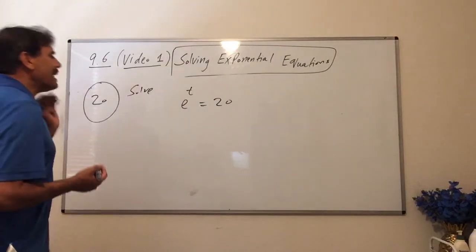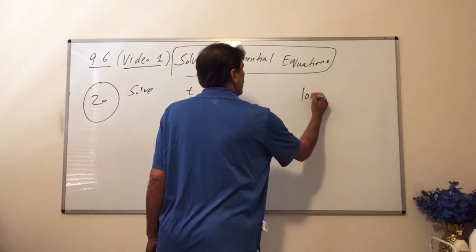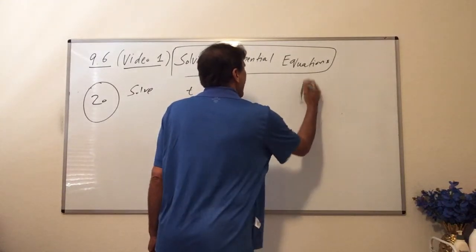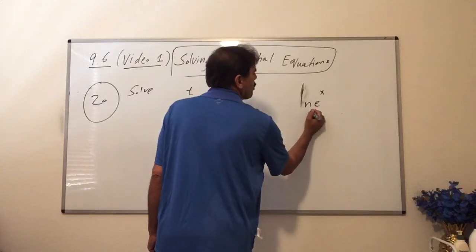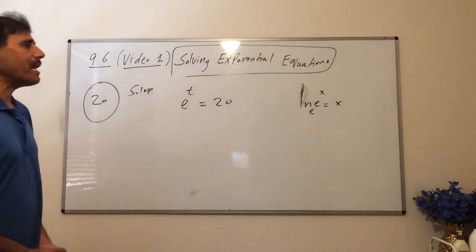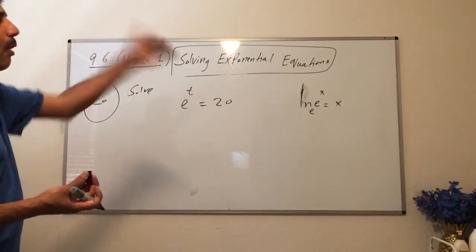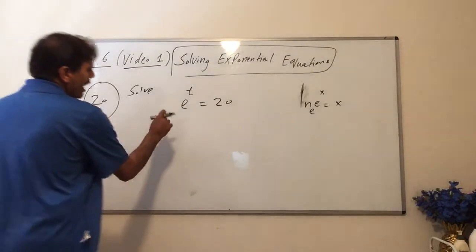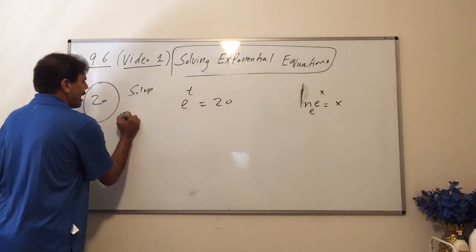In this case, this is the rule we're going to use. First of all, ln of e to the power x: the base is always e, so the answer is always x. So ln and the base e always cancel out. The answer is always x. So in this case, we want to cancel the base e. We'll take ln both sides.